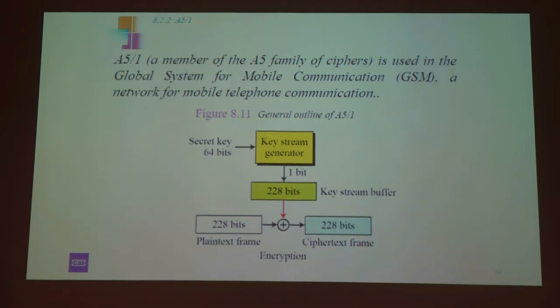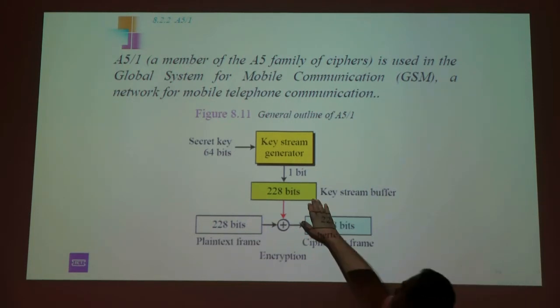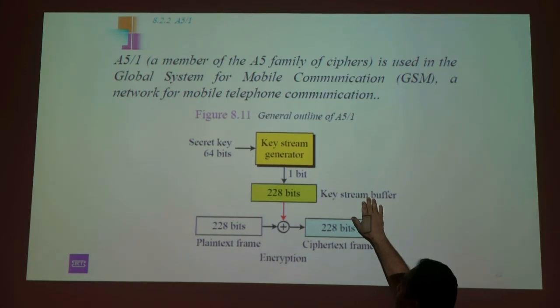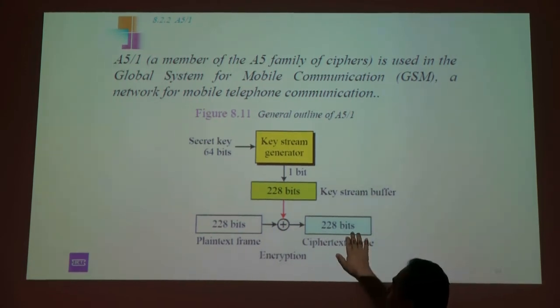Why 228? It's not our business. GSM decided on 228 as the frame size. That's how it is. So 228 bits. I need a key stream of 228 bits and the output is 228.